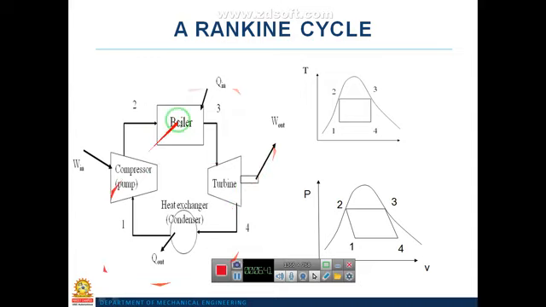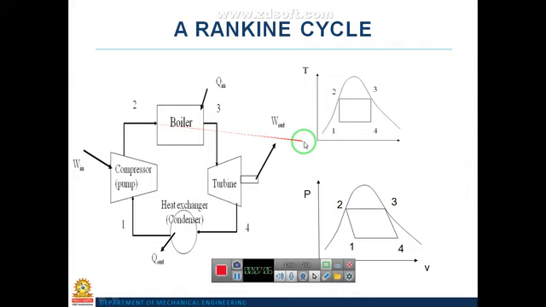So if you want to represent this in terms of a diagram, that is in the TS diagram. This is the TS diagram. Here, from point 1 to point 2, what is the process? 1 to 2 is the isentropic compression.